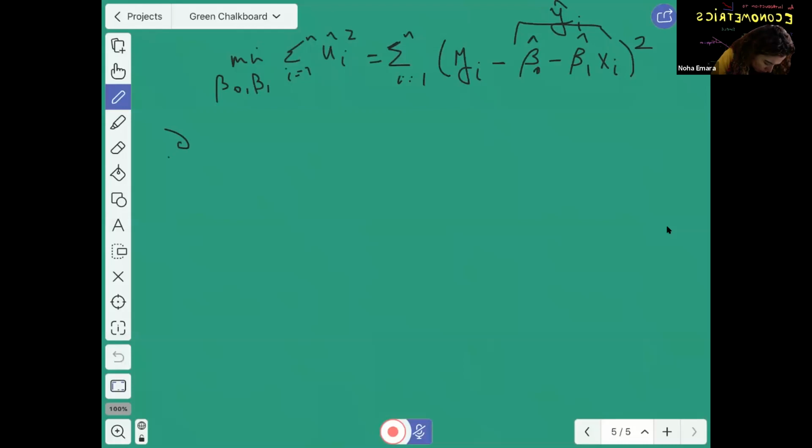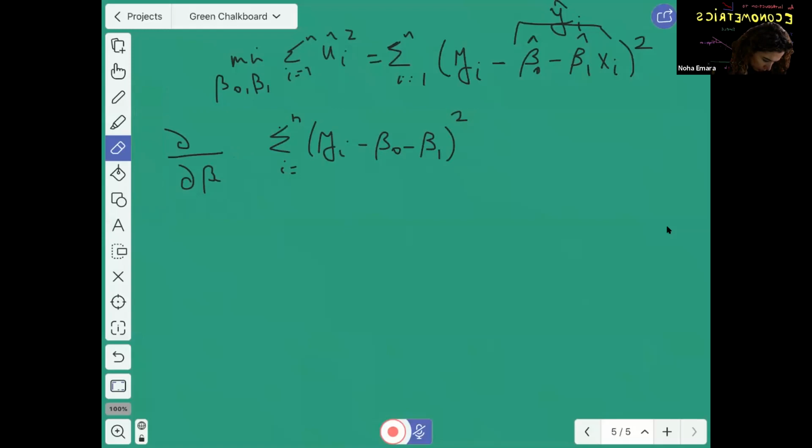The derivative of this function with respect to beta naught is equal to the sum from i equals 1 to n of y_i minus beta naught minus beta 1 x_i.